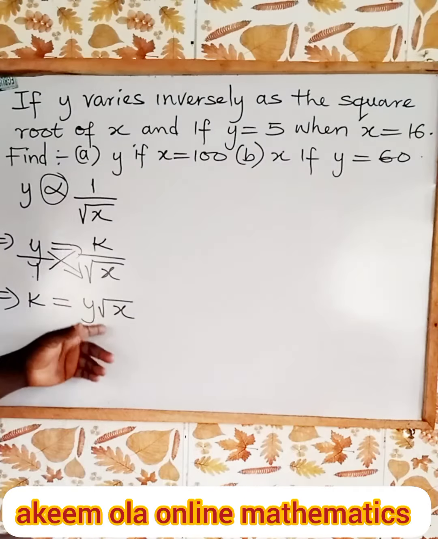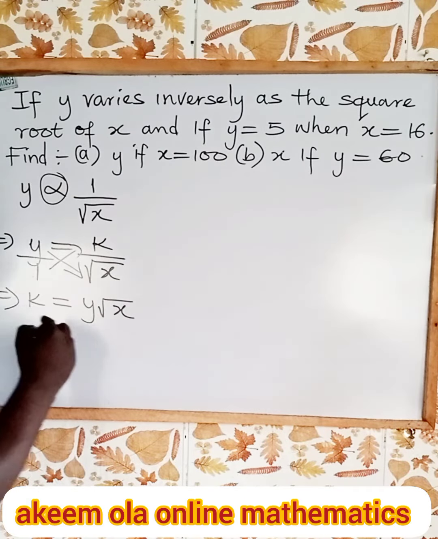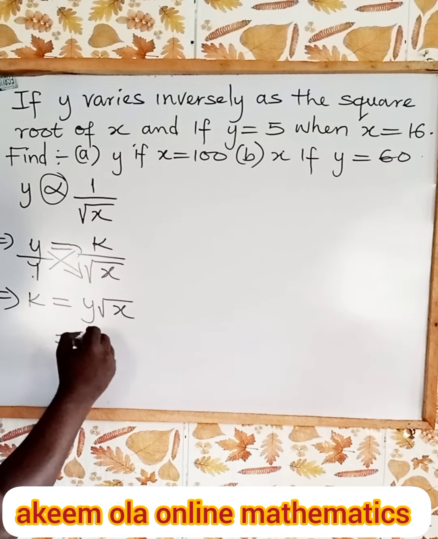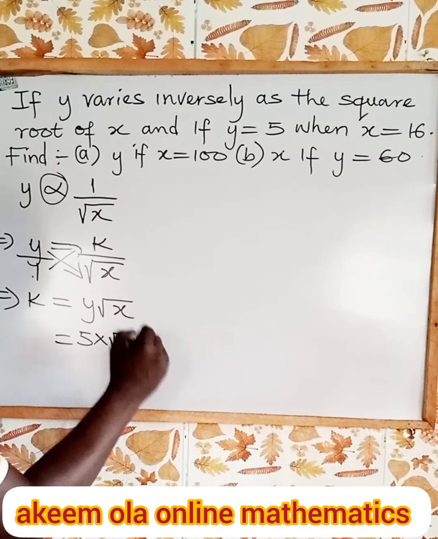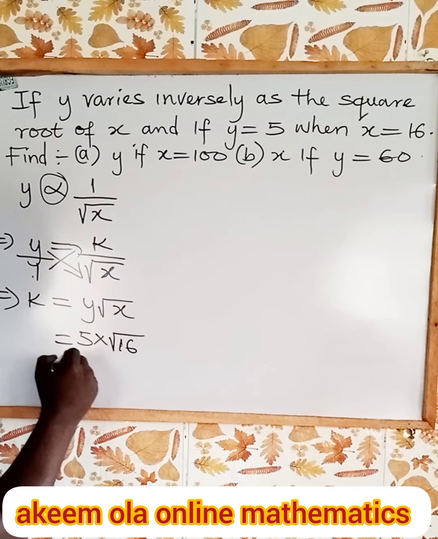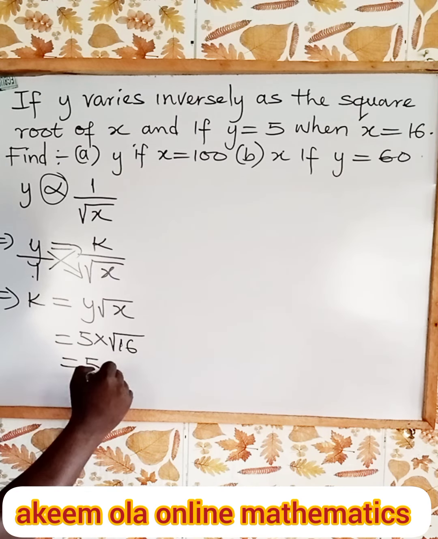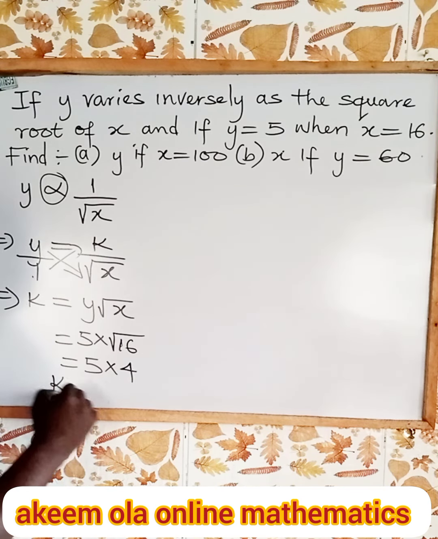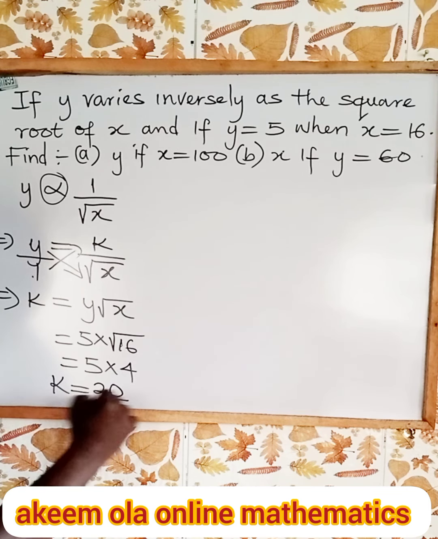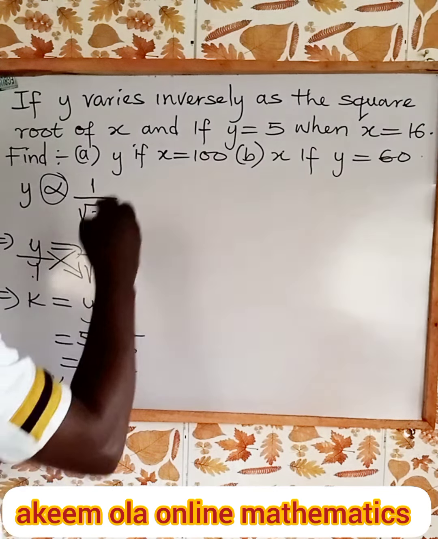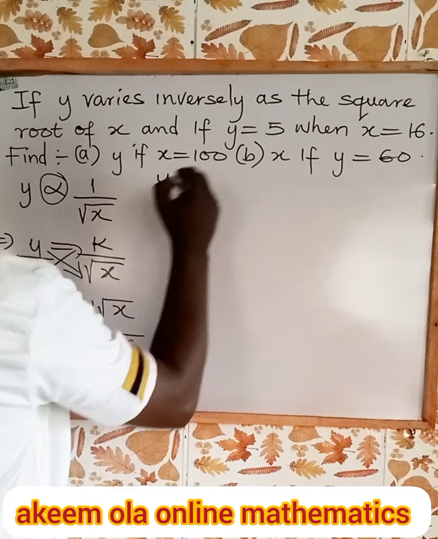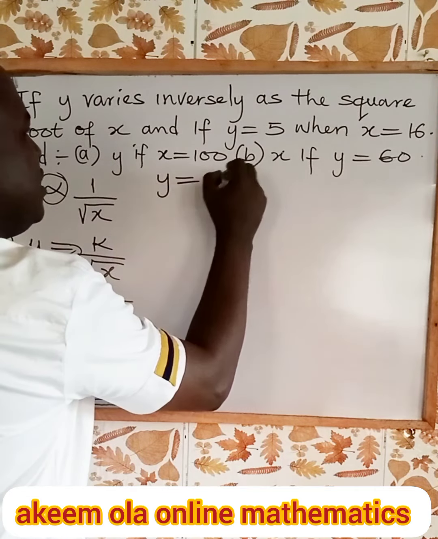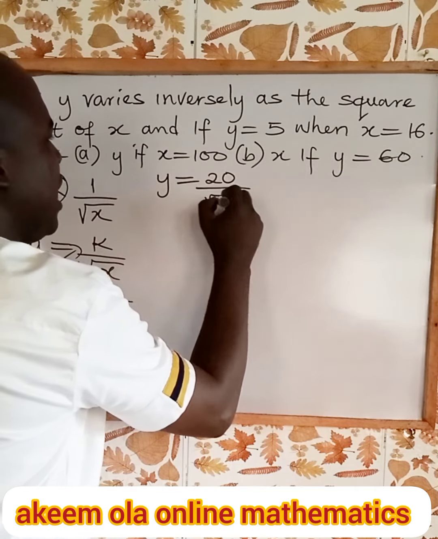So we substitute that into this. We have k equals 5 times root of 16, and the root of 16 is 4. So you have 5 times 4. So our k will be equal to 20. That means the relationship will now be y is equal to 20 all over root x.